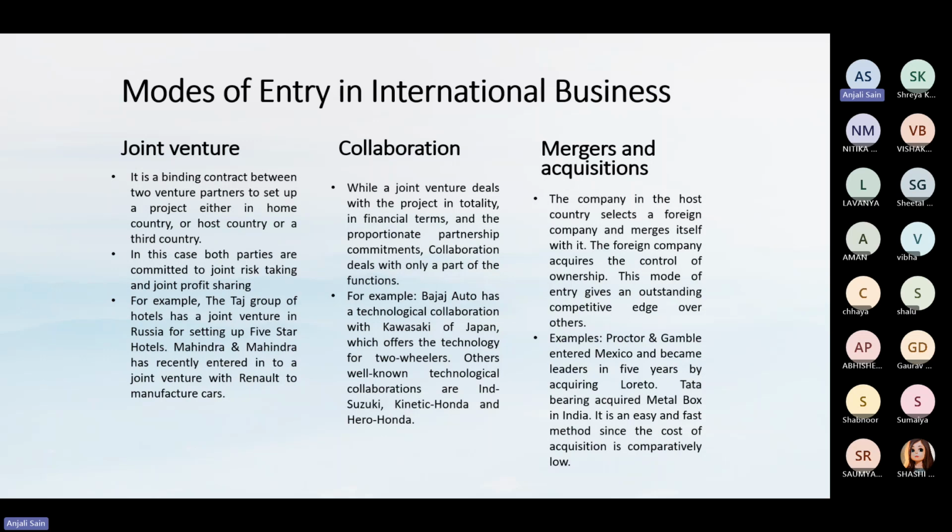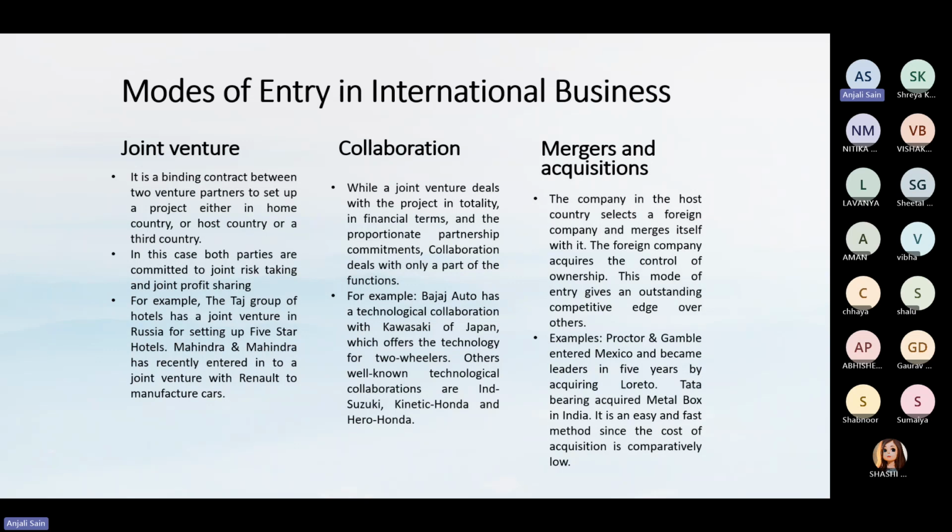Merger and acquisition में क्या है? The company in the host country selects a foreign company and merges itself with it. मतलब मैं company A हूँ and I am operating in a country A and I identify some companies in country B which are similar to the work I am doing. Then मैं क्या decide करती हूँ?